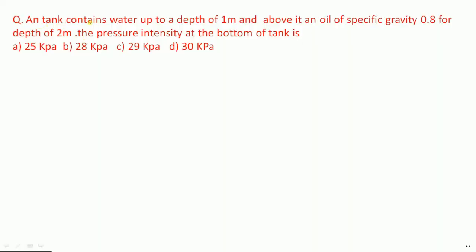A tank contains water up to the depth of 1 meter and above it an oil of specific gravity 0.8 for depth of 2 meter. The pressure intensity at the bottom of the tank. So in this question they are asking pressure intensity at the bottom of the tank with 4 options.